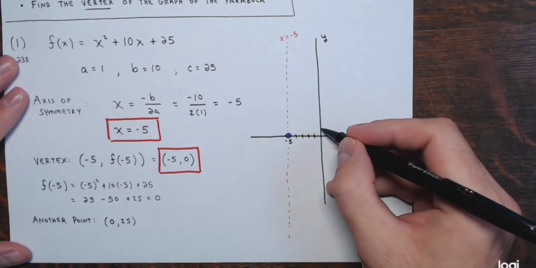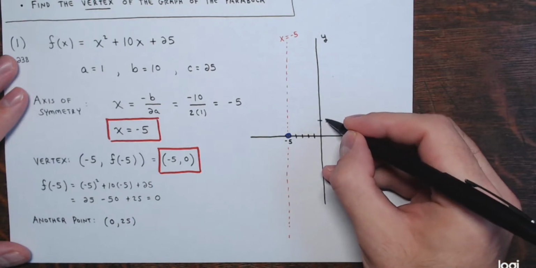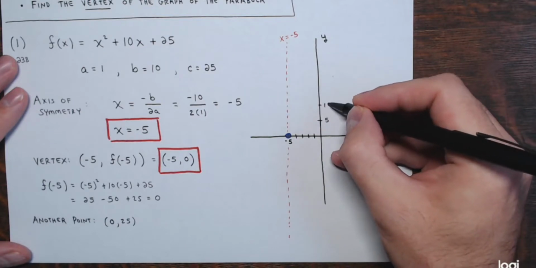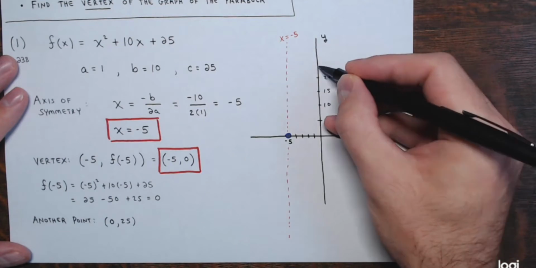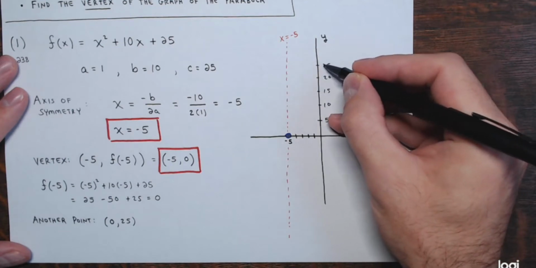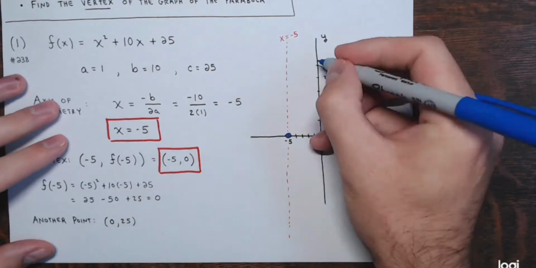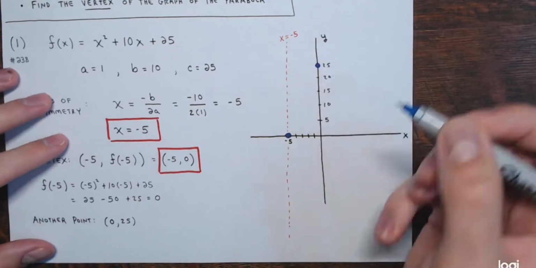Now, I'm just going to say these are every 5 here. I know that the y-axis notches are different than the x-axis notches here. So 5, 10, 15, 20. Let's say that's 25 on the y-axis. I'll plot this point, 0, 25. There's the y-intercept of this graph.